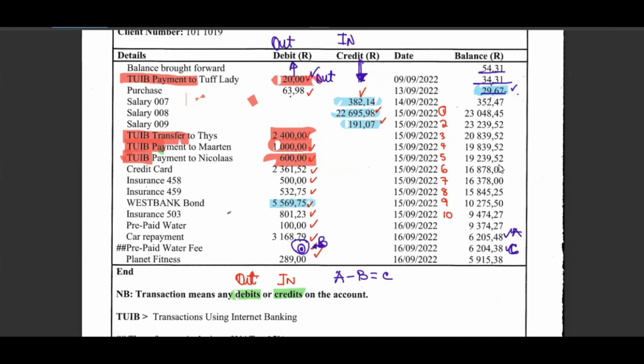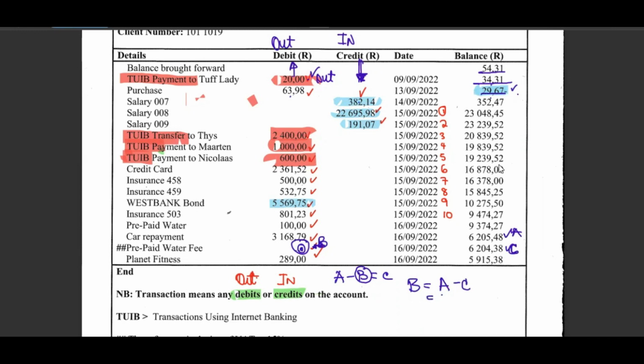Because B is on the side of the debit, it's going out. A is the balance from which they subtract B to give us the balance, which is C. Because we're looking for the value of B, B will equal A minus C.